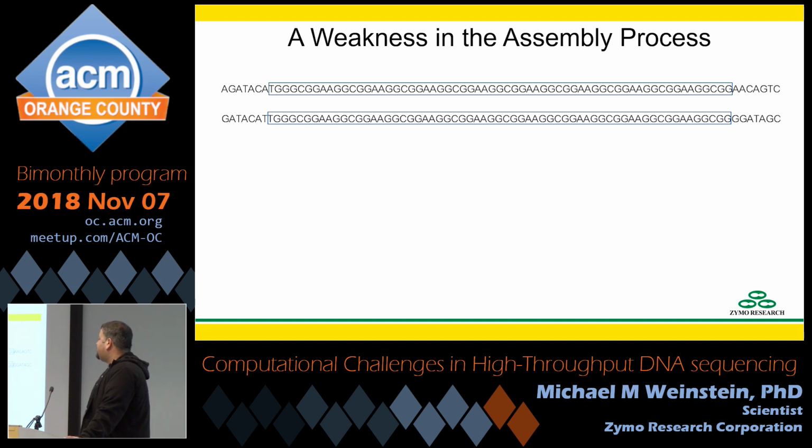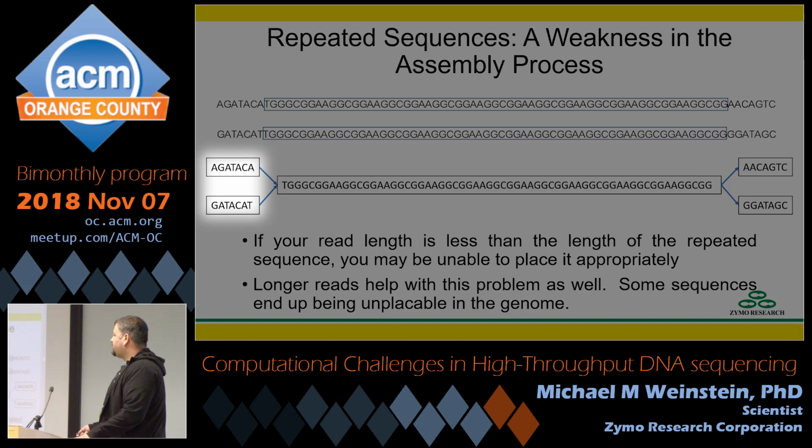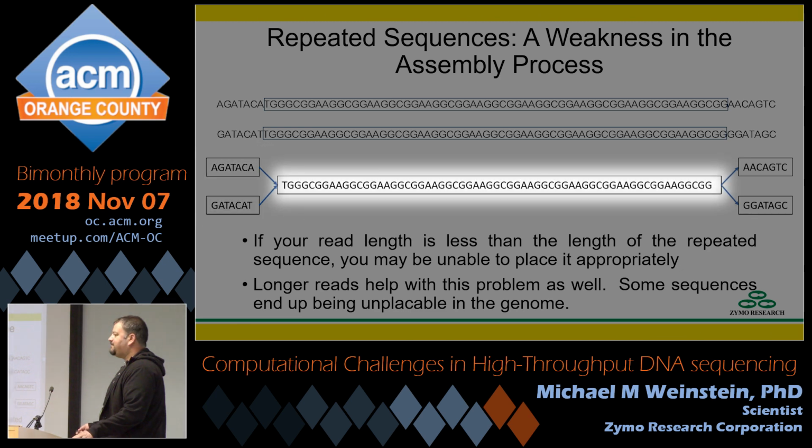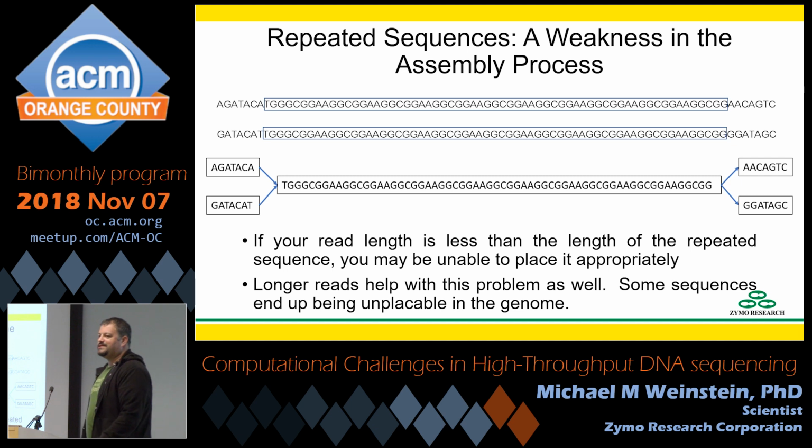This makes genome assembly a real problem. You'll wind up with a graph that looks a little bit like this, where you have these two elements and this chunk in the middle, and if you can't read through it, you know you have these ends, but you don't know exactly which one goes where. So this also can become a serious problem. Again, longer reads make this problem tend to go away.